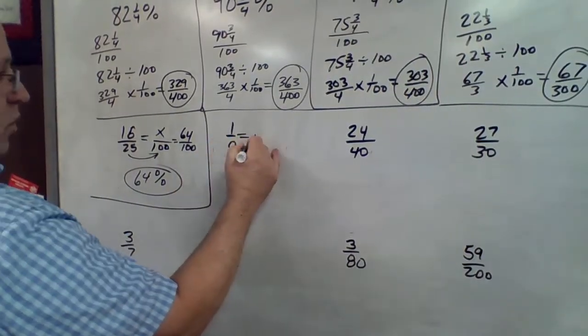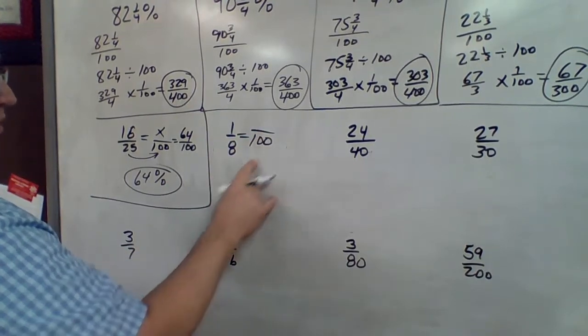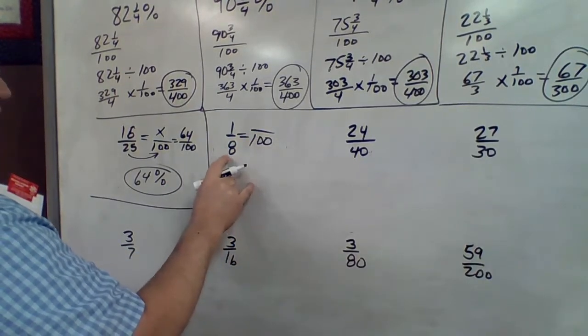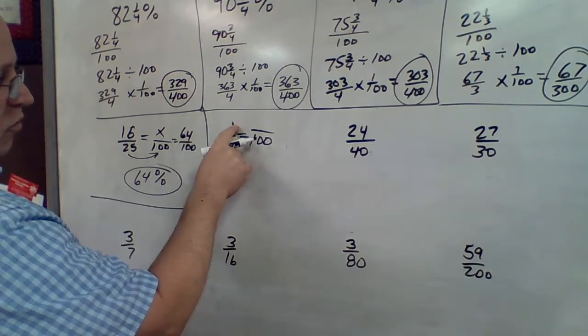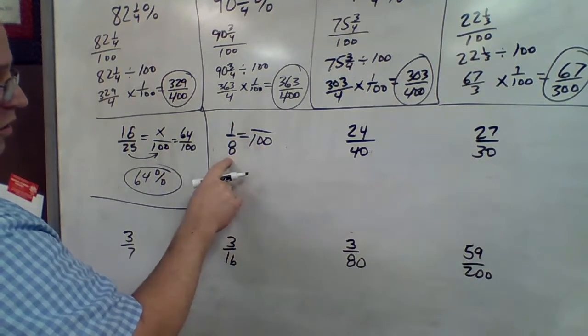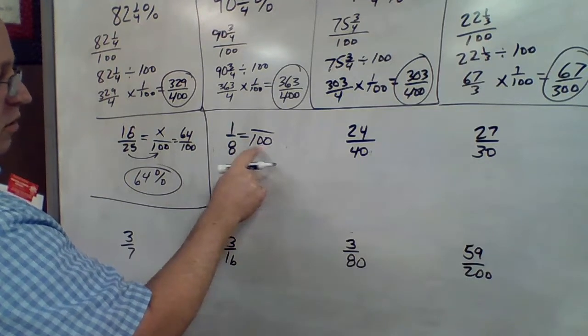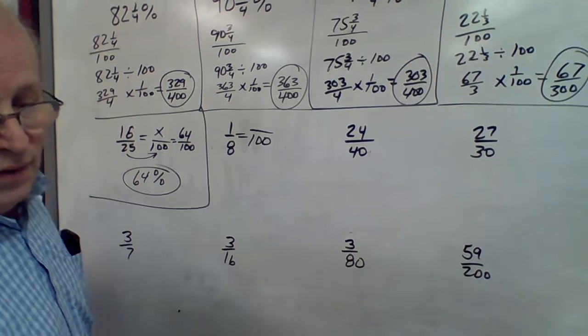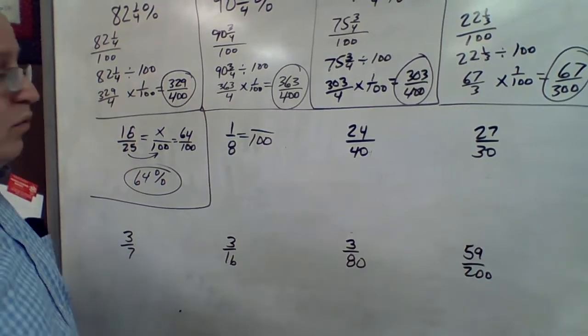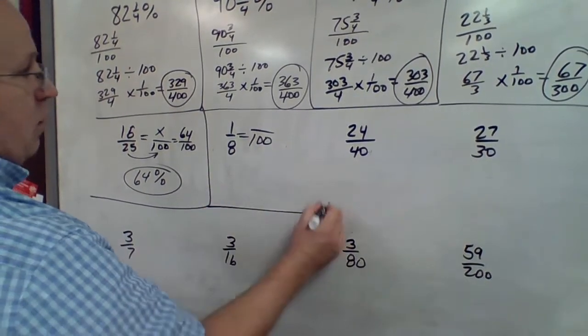This one's a little trickier. This one we can't really do the pattern method of looking for the pattern, because there is no whole number you can multiply 8 by to get to 100. So this is one where I'd have to take 1 times 100 and divide by 8. Now, there is another method for doing this. They have the answer in the middle of 314 in the purple table already.